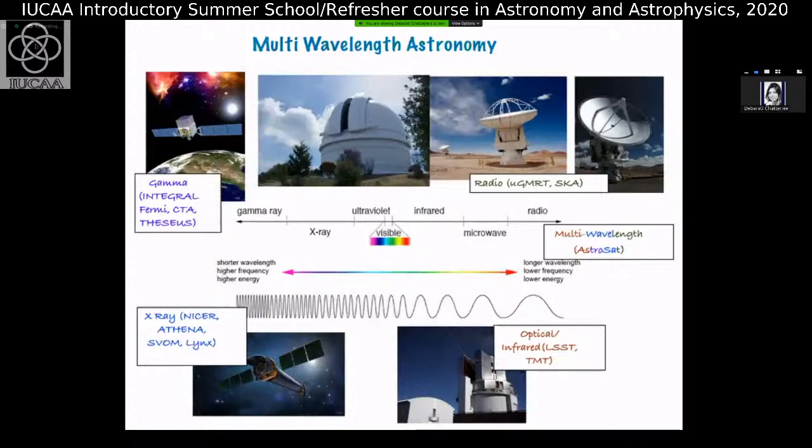AstroSat is a multi-wavelength telescope which observes neutron stars across different frequencies. And in radio, there is the SKA, which is coming up. So in addition to gravitational wave emission, we will now have information coming about neutron stars throughout the electromagnetic spectrum, which is going to enrich our understanding of neutron stars.